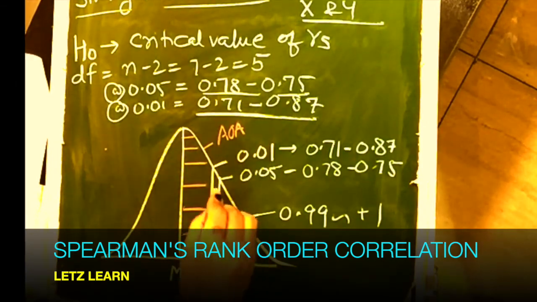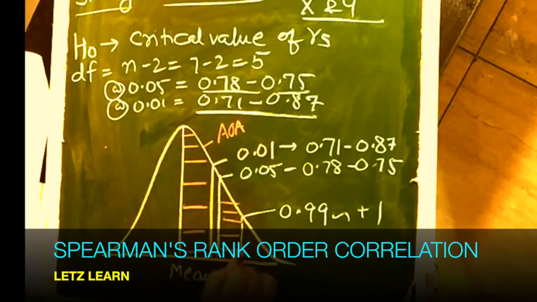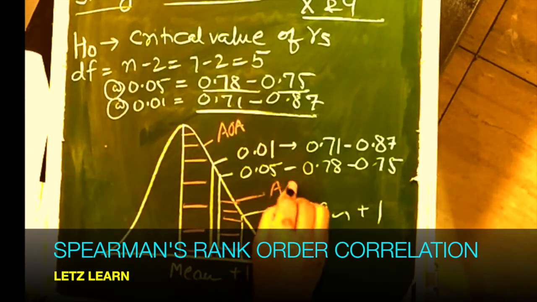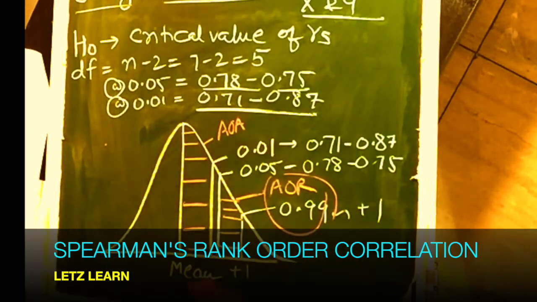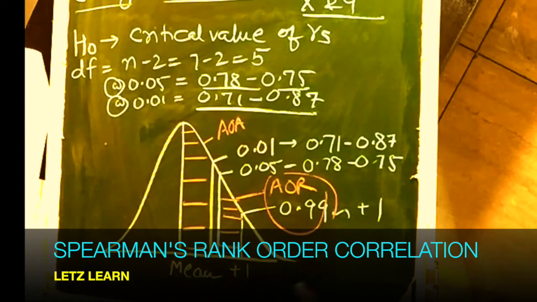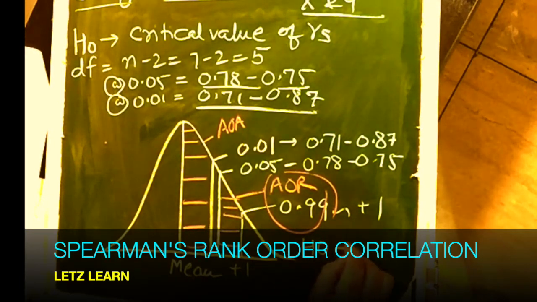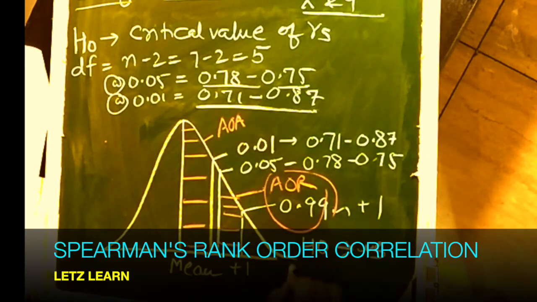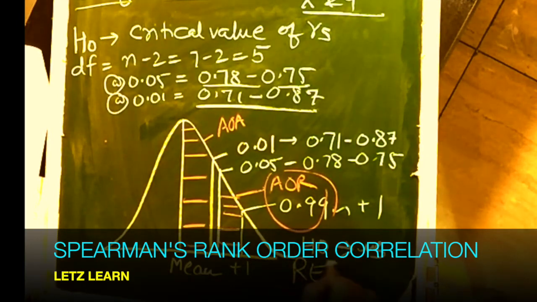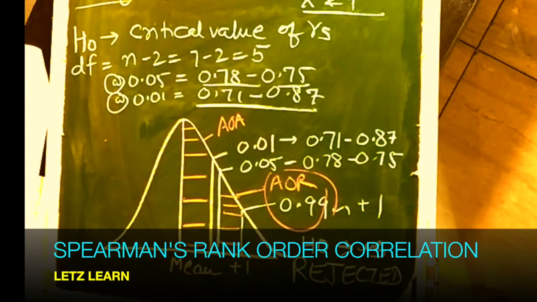Any value that falls towards the left of this will be accepted, and towards the right of it is the area of rejection. So we saw that the value that we have calculated is towards the right side, that is in the area of rejection. That means that the null hypothesis is rejected because the value is falling in the area of rejection if we compare with the critical value.